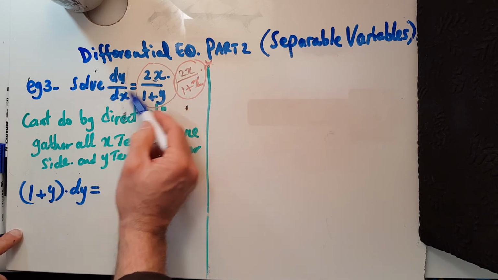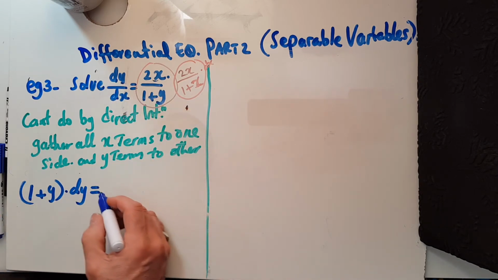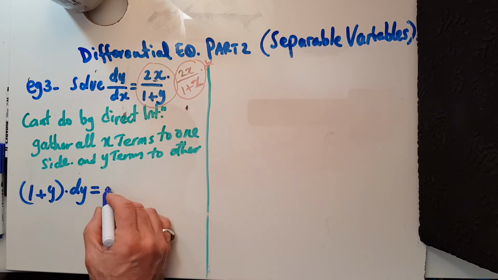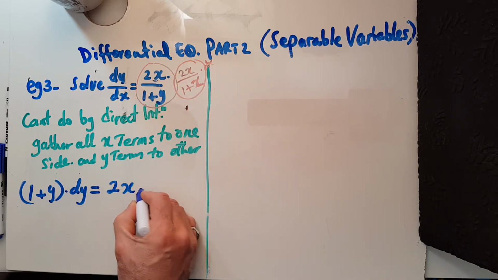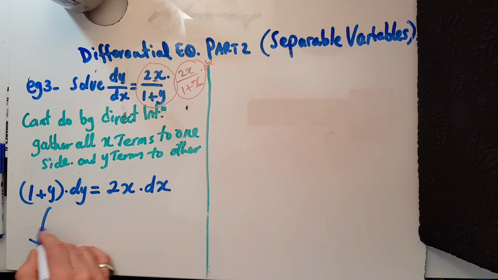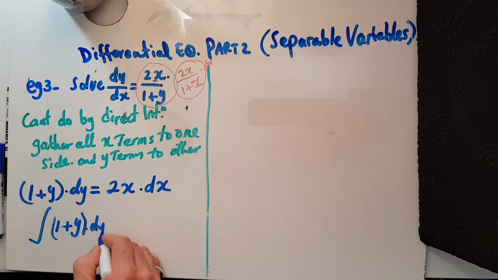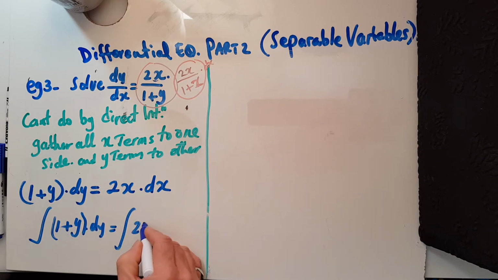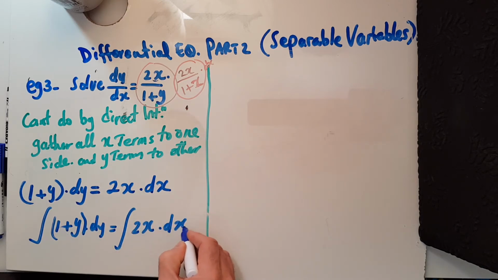We treat dy and dx just like any other number, and then cross multiply the other side, 2x dx. Now we can take the integral of both sides: the integral of 1 plus y dy equal to the integral of 2x dx.